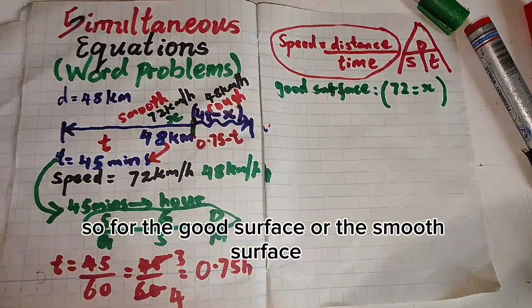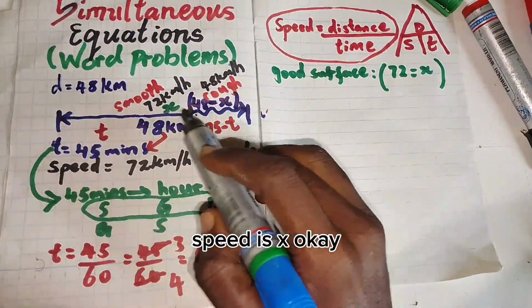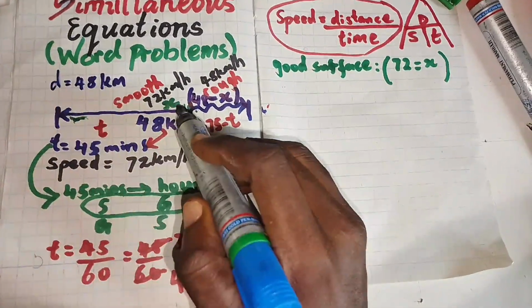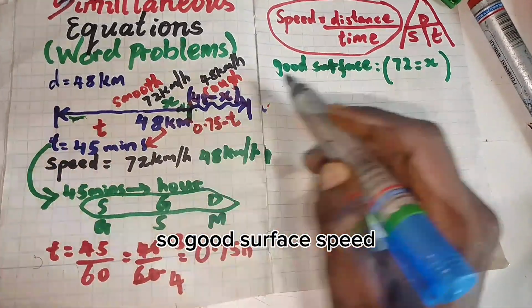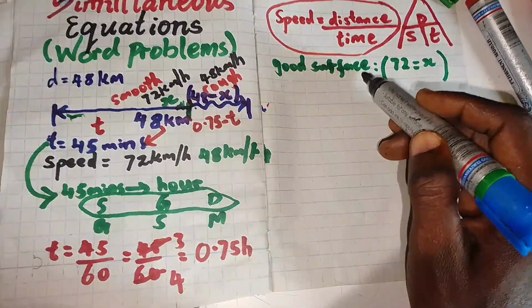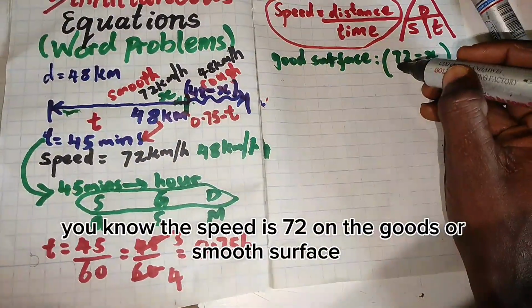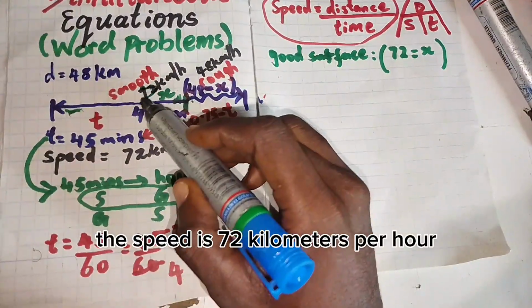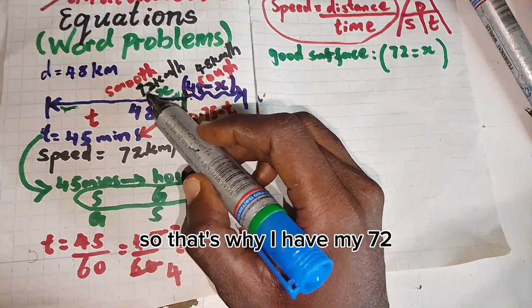So for the good or smooth surface, speed is 72 kilometers per hour. That's why I have my 72.